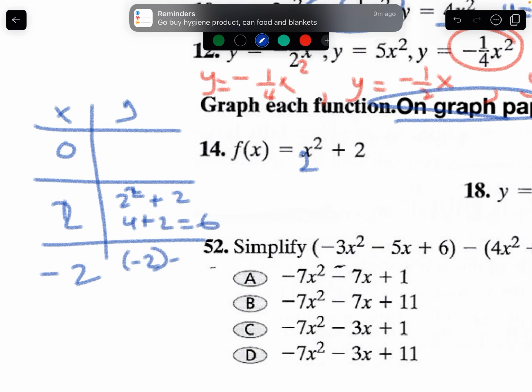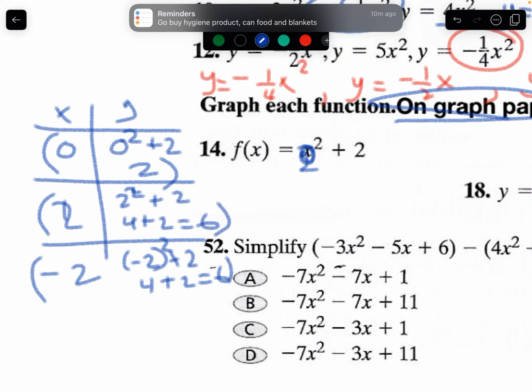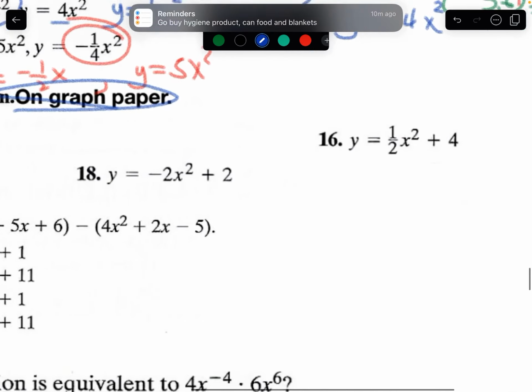Negative 2 squared plus 2 is 4 plus 2, also 6. And if you put in 0 here, 0 squared plus 2 is 2. So those are your ordered pairs. 2, 6, negative 2, 6. Graph it on graph paper.